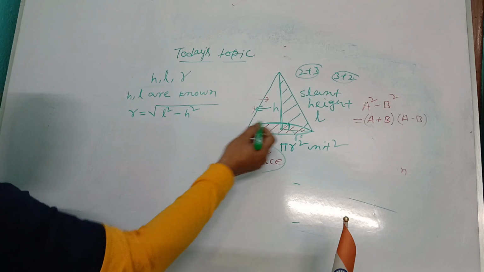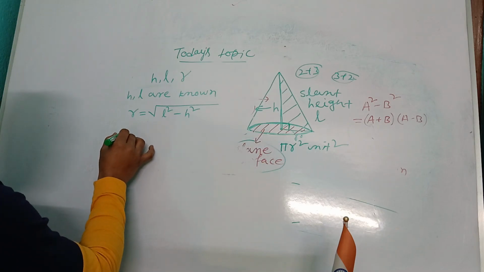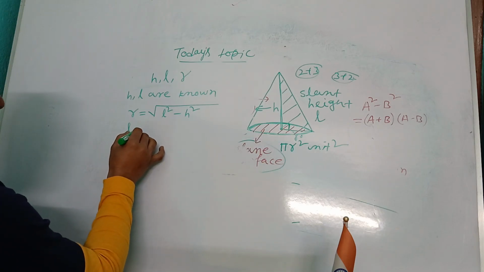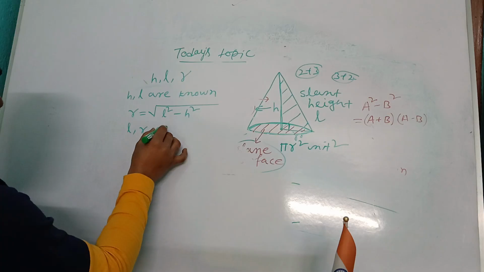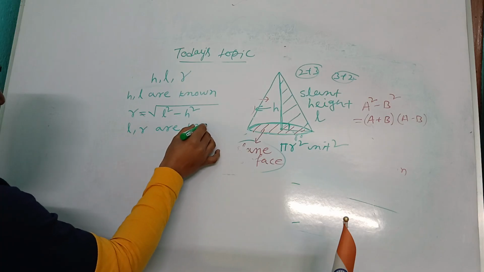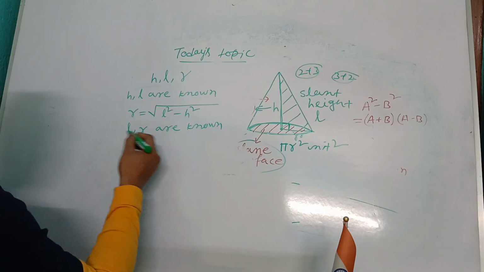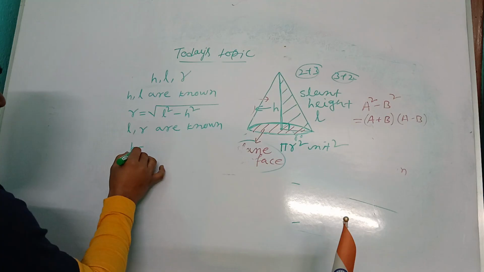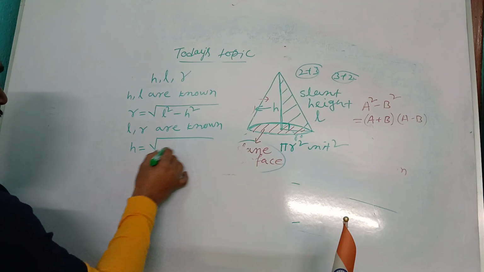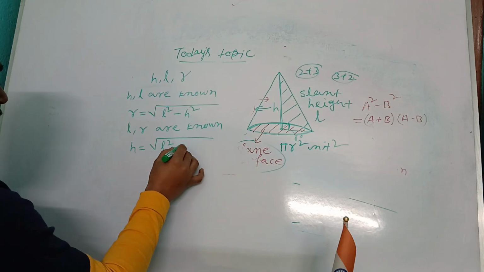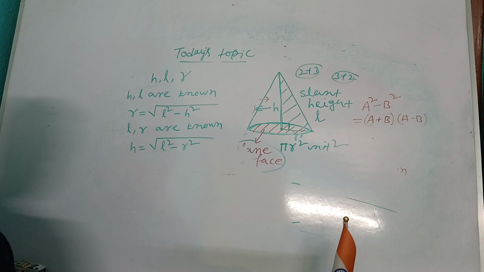When l and r are known, then h is equal to under root l square minus r square.